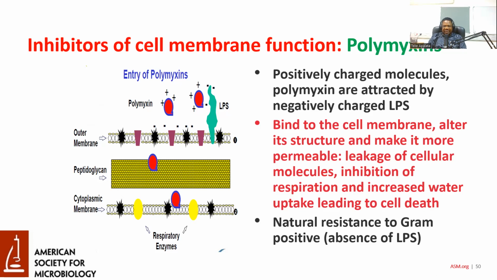In gram-positive bacteria, we don't have an outer membrane. There is only a very thick peptidoglycan layer, and after that you will find the cytoplasmic membrane on the inside of the cell, but outside there is no outer membrane.